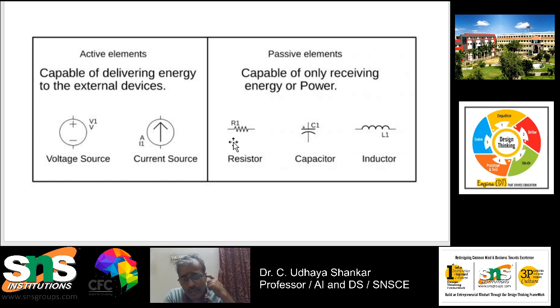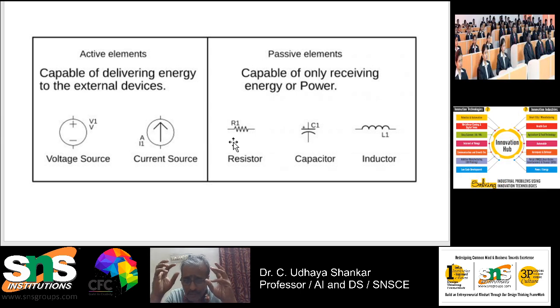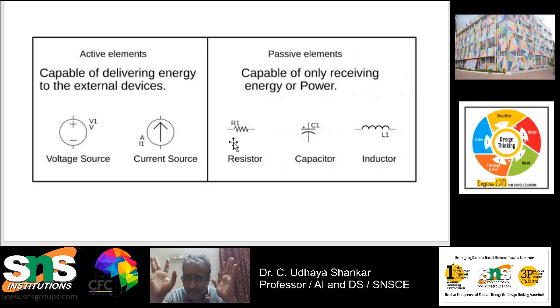What do you mean by passive network? Elements like resistor, capacitor, inductor just consume energy. Those elements are called passive elements, and if your circuit has only a combination of resistance, capacitance and inductor, then that network is called a passive network.